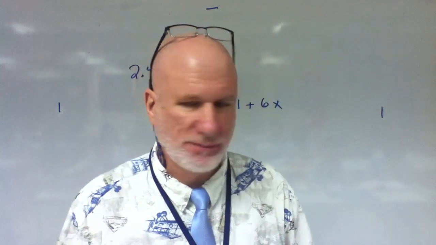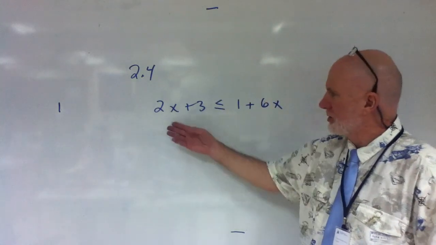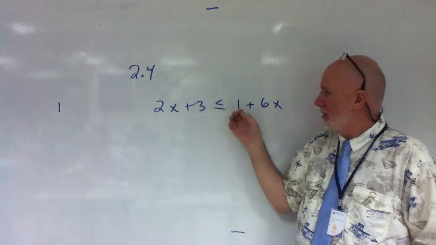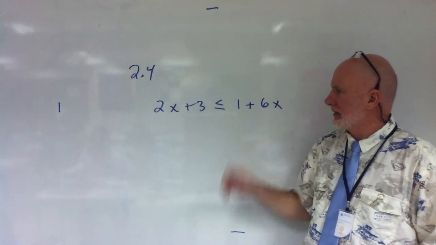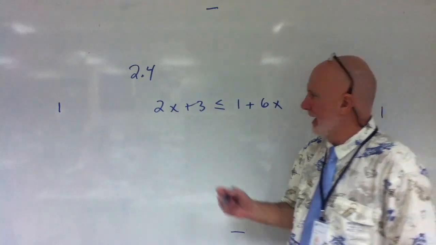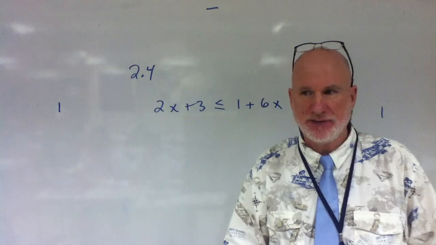It's 2x plus 3 is less than or equal to 1 plus 6x. Did you do it? Anybody get it? Shall I do it as you're doing it? I'll do it myself.